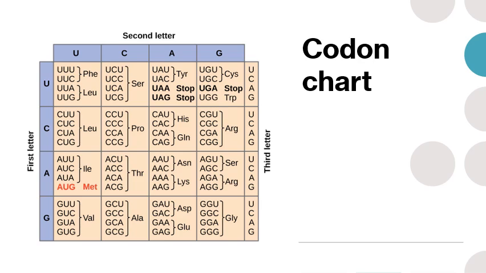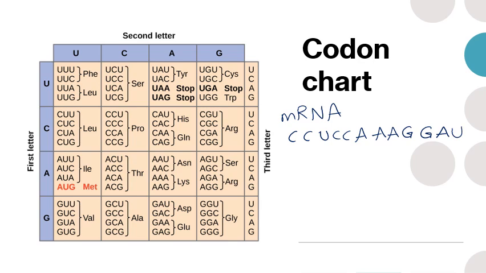Now this is that chart I was talking about. This is called a codon chart. You need to know how to read these. It does frequently come up. So say we have an mRNA strand that reads CCU, CCA, AAG, GAU, for example.